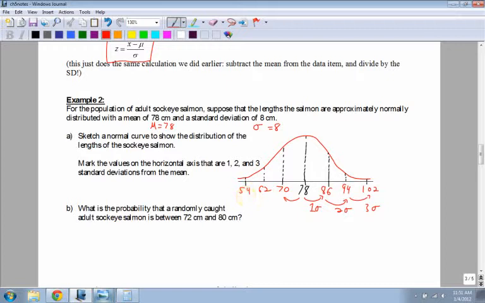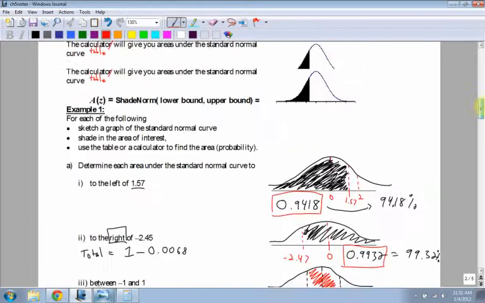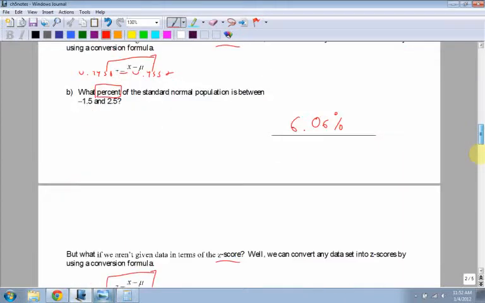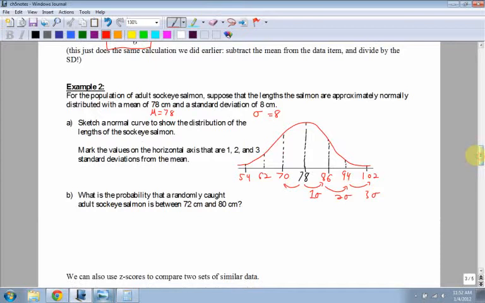Now remember your rule, let's just double check here: 68, 95, 99. So that means that between here and here, between 1 standard deviation, all in here, is 68% of my data. 68% of my data lies within 1 standard deviation.